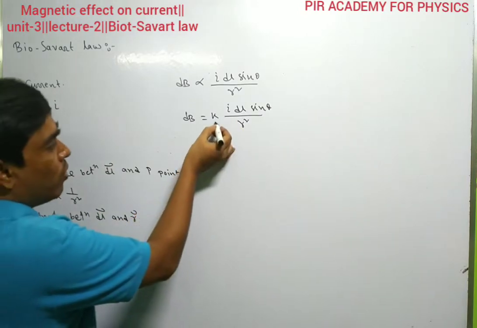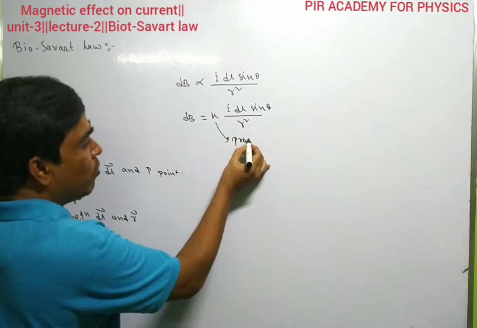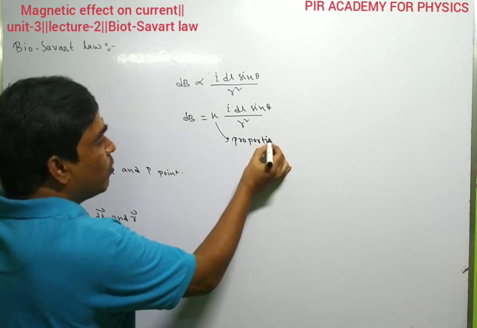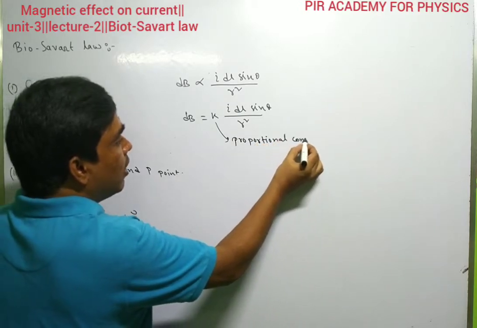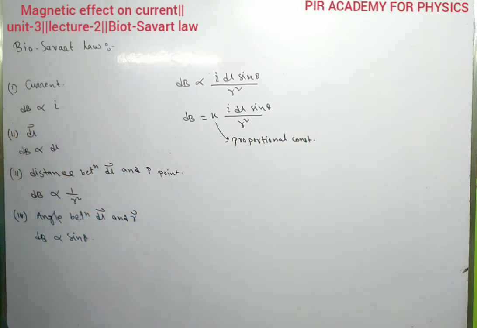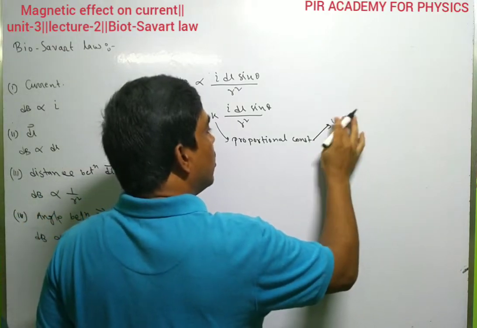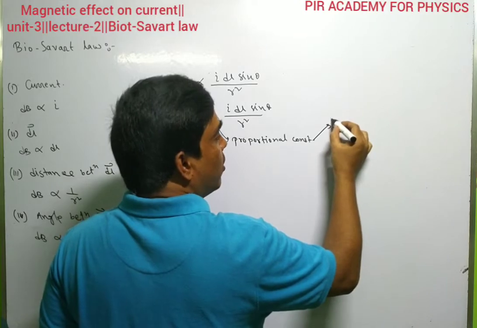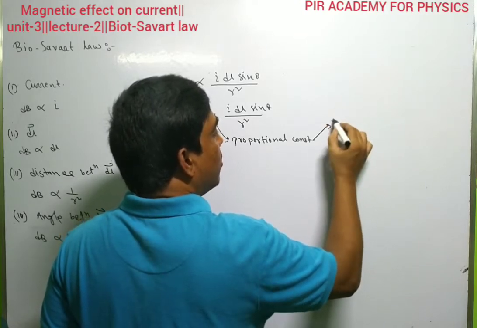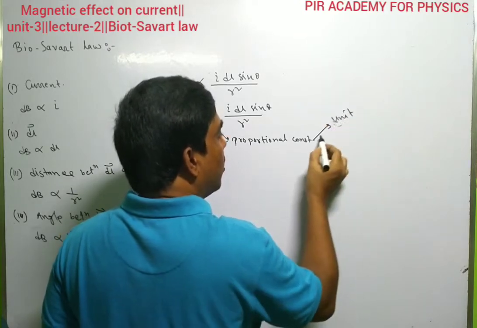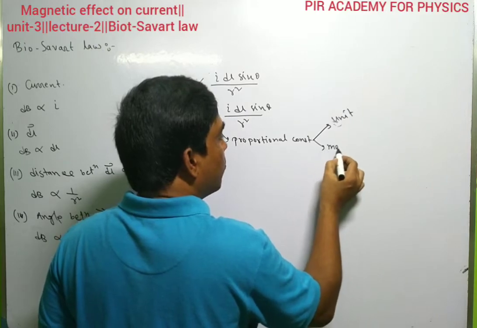This k is a proportionality constant. This constant depends on the system of units, and on the medium.